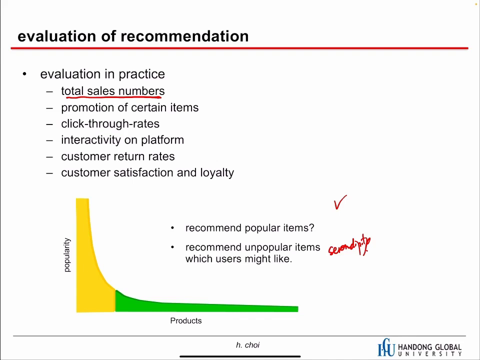So we need this one as an evaluation. Likewise, we can check promotion of certain items, click-through rates, interactivity on the platform, and customer return rates. So actual improvement would be a good measurement to evaluate the system.